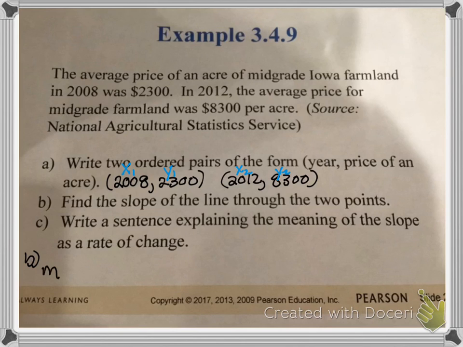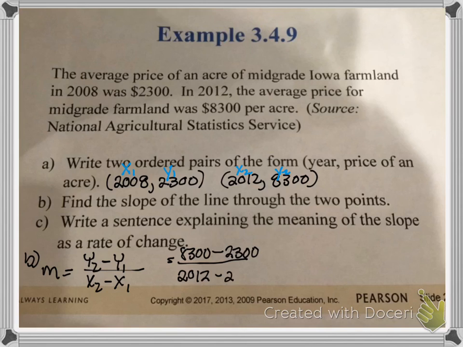So I'm going to use the slope formula, which is y2 minus y1 over x2 minus x sub 1. Okay, so if I do that, y2 is 8,300 less 2,300 over 2012 minus 2008. And when I do this, I get 5,000 over 4.